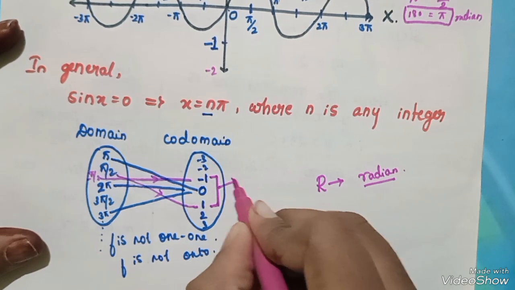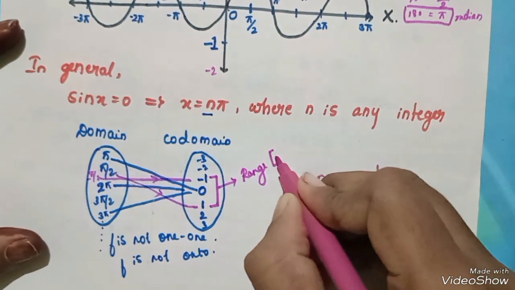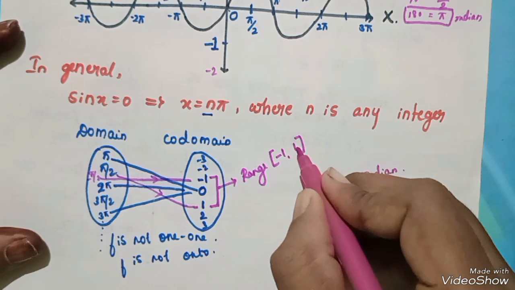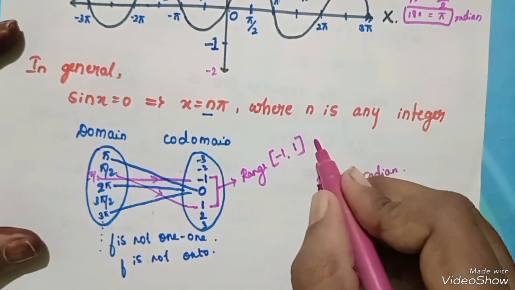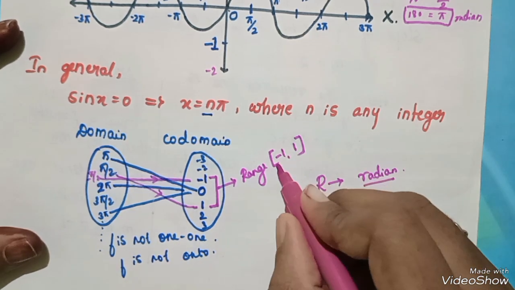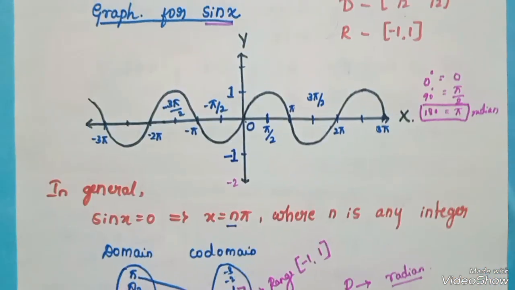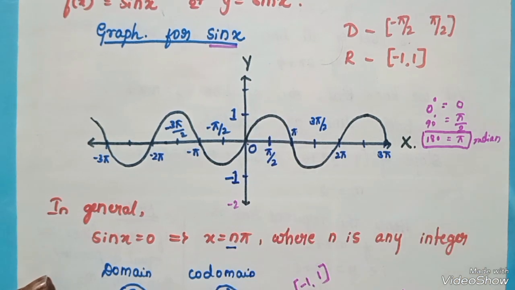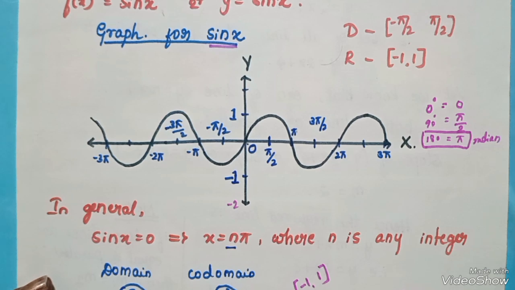The range must lie in minus 1 to plus 1; other than that, no numbers exist. The graph shows this because the range is minus 1 to 1. That's why the function is not one-one and onto.